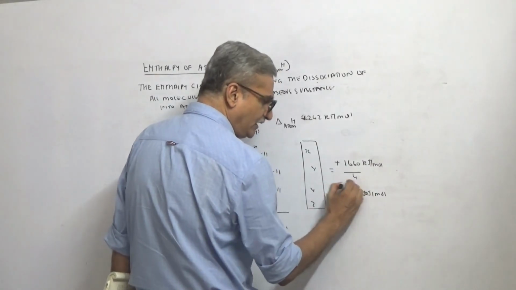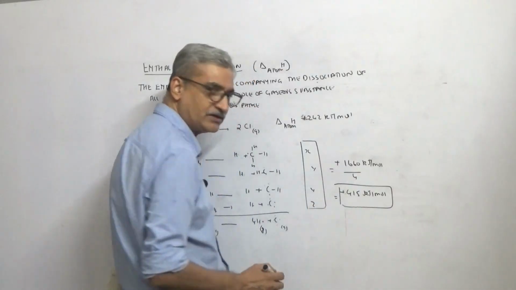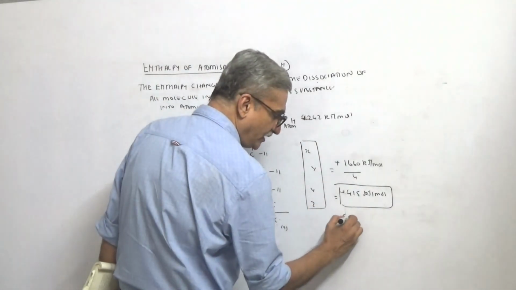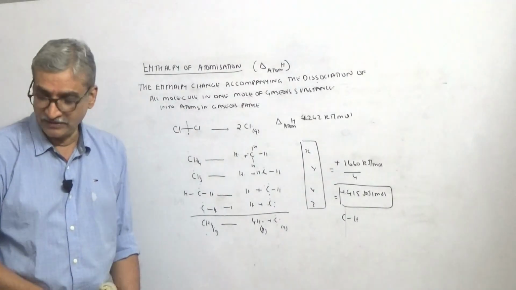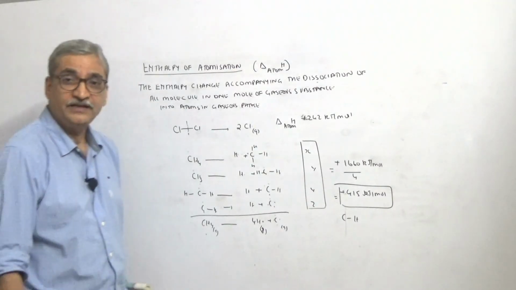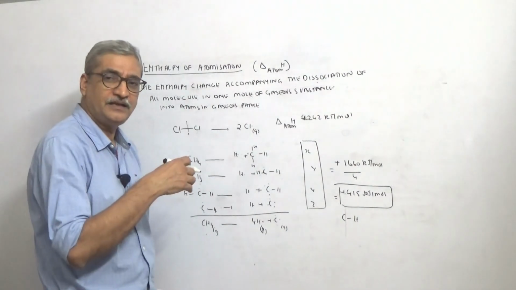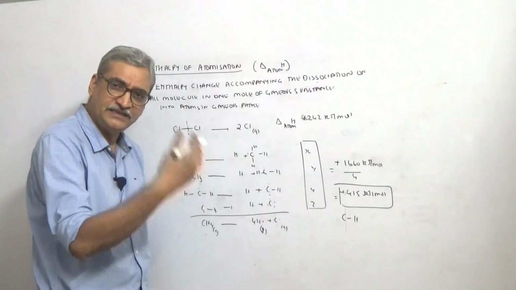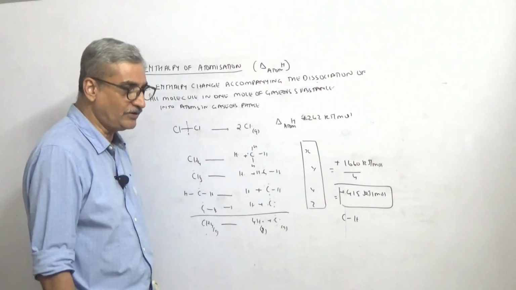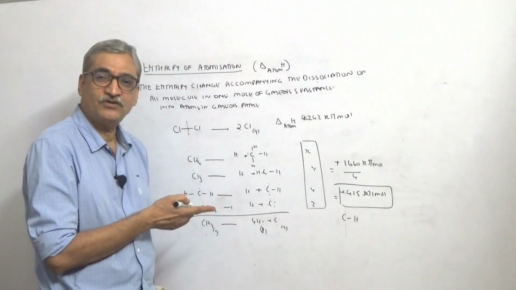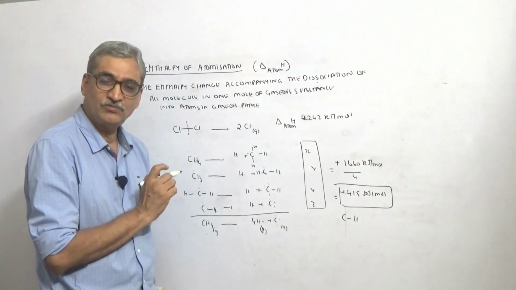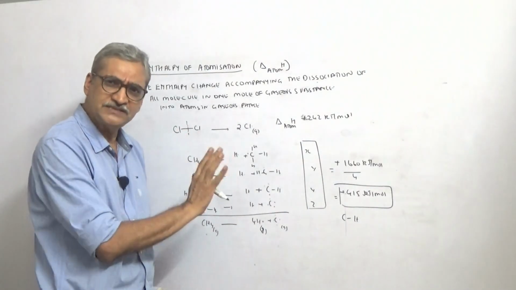So this 415 kilojoule per mole is what we are talking about as average bond energy for a CH bond. It's not the actual value, it is the average. You have CH bonds in methane, methyl, methylene, and then the CH bond. The total you found out and then divide by 4. So that will be the average energy for one CH bond. There is no double bond, just a CH bond.